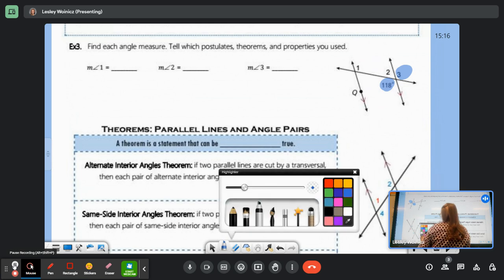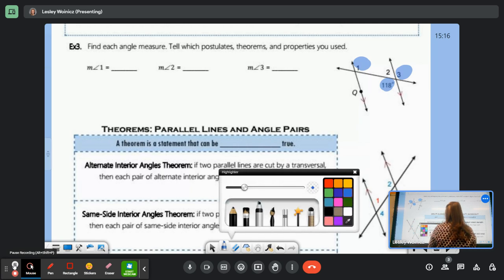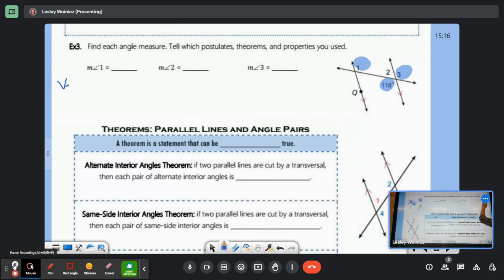Okay, so I can use the vertical angles theorem. And I can use the corresponding angles postulate. Theorem is an abbreviation that you are allowed to use.